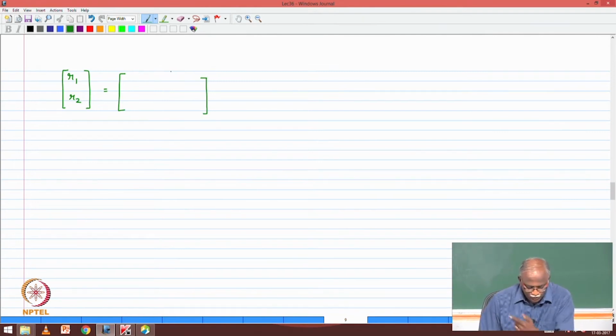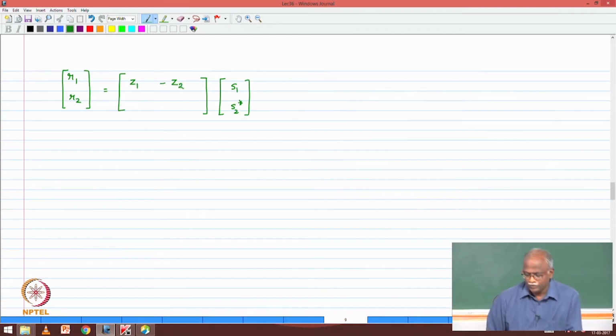So R1, if you go back and look at it, I want you to write it down in terms of S1 and S2 conjugate. This turns out to be R1 is Z1 S1 minus Z2 S2 conjugate, plus eta 1.